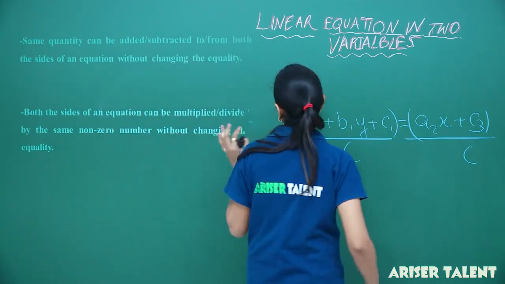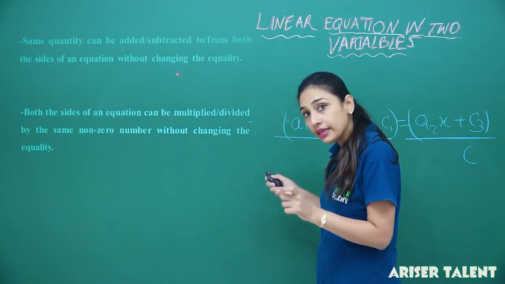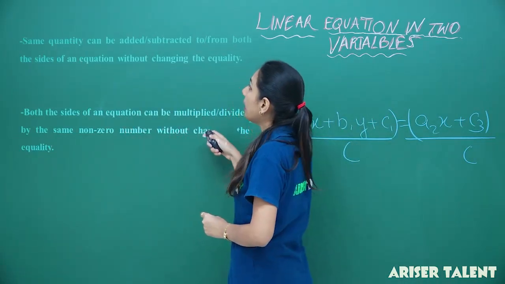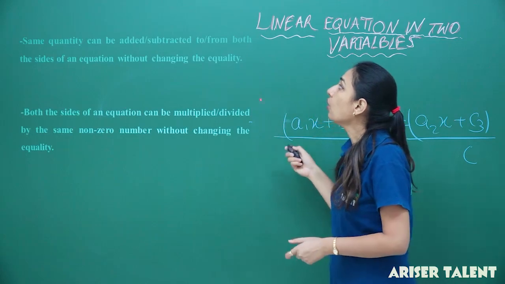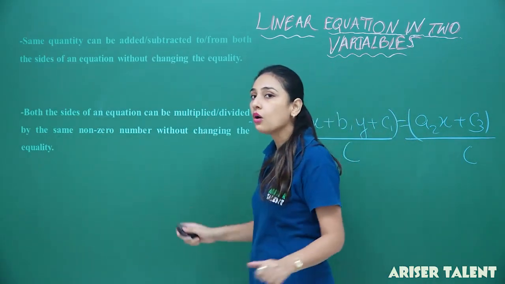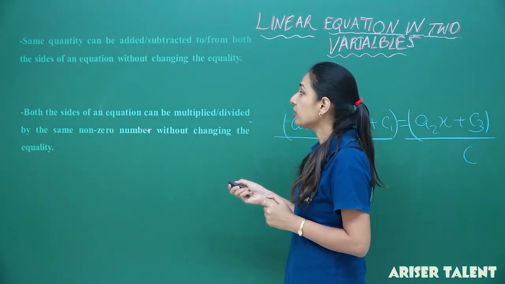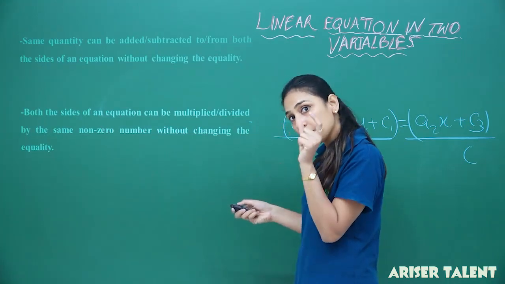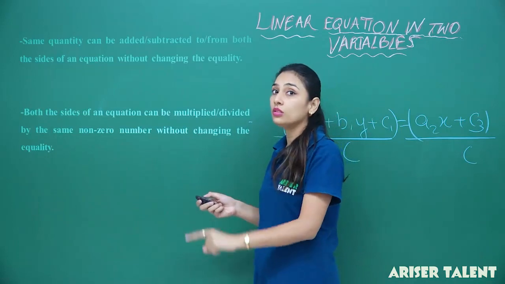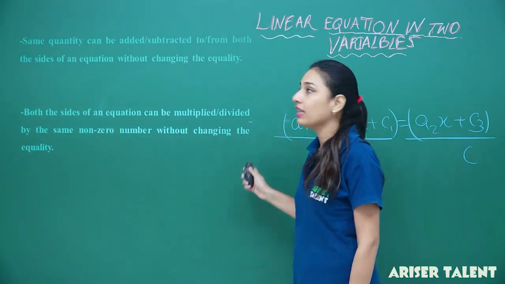This we have studied here: the same quantity can be added to or subtracted from both sides of an equation without changing the equality. Both the sides of an equation can also be multiplied or divided by the same non-zero number without changing the equality.